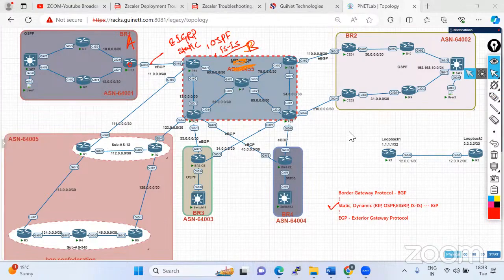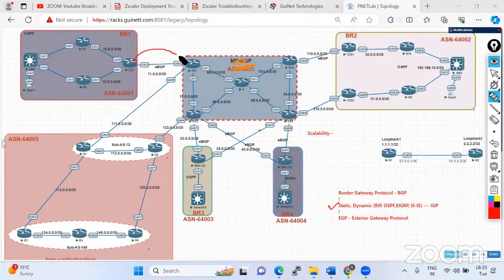That means inter-organization communication. One more important thing is scalability, right? Scalability problem means, if you are running OSPF between these two entities, OSPF has a very wide database of routing information, and you have very aggressive messages to exchange between these two devices, right?